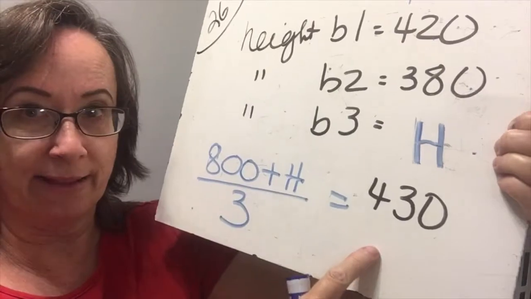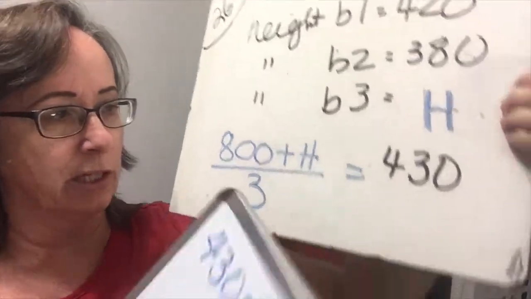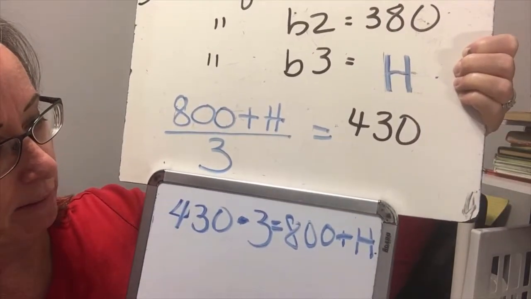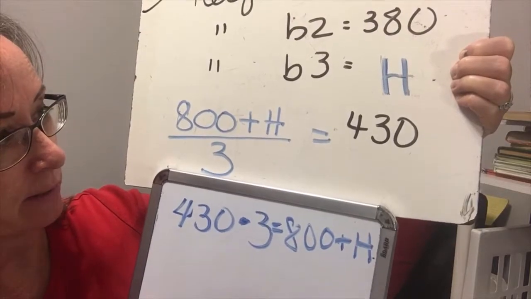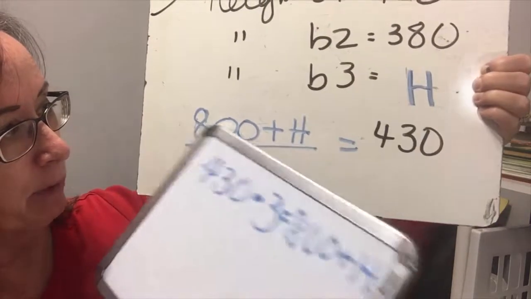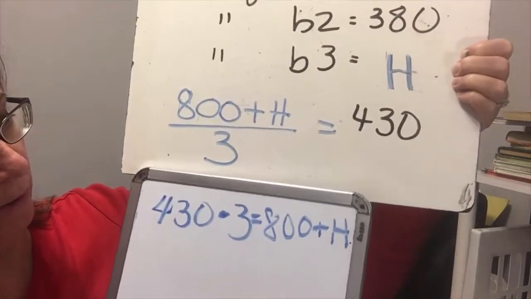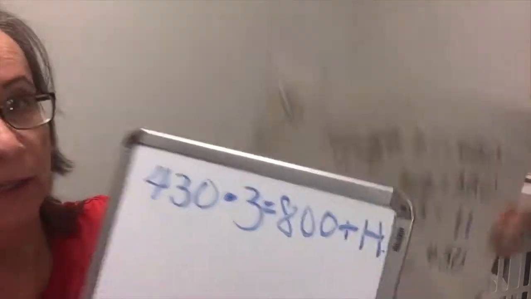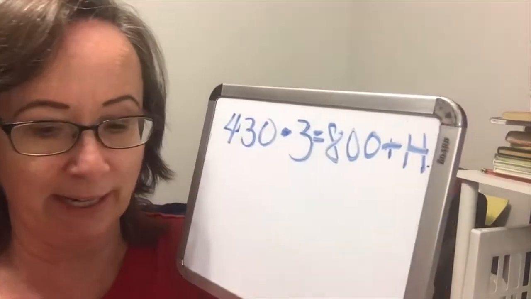We're going to take this division problem and turn it around to multiplication. 800 plus h divided by 3 is 430. 430 times 3 is 800 plus h. So now all we have to do is solve this problem and we'll have our answer.